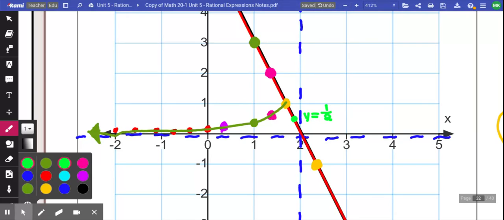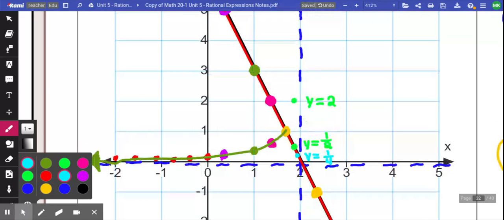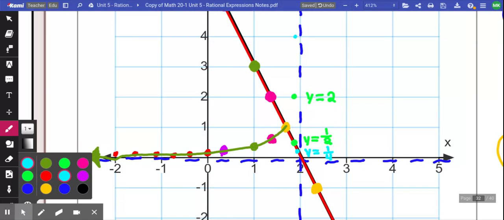The reciprocal of 1 over 2 means that point from that original graph would reciprocate up to here at y equals 2. And let's go a little bit smaller. Let's pretend there's a point right here at y equals 1 over 4. The reciprocal of 1 over 4 would become y equals 4.